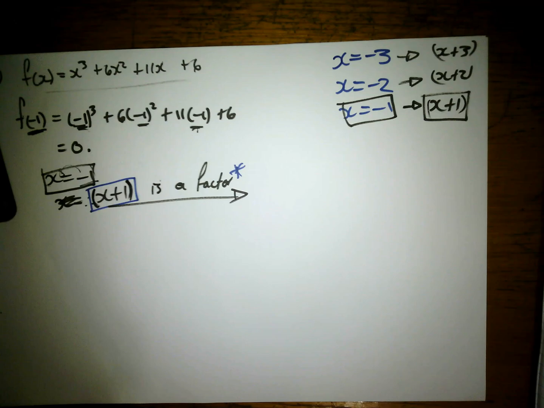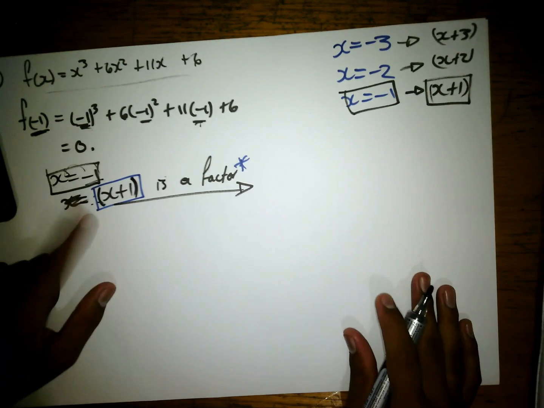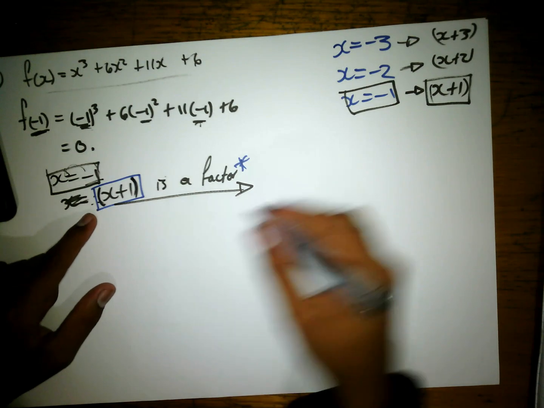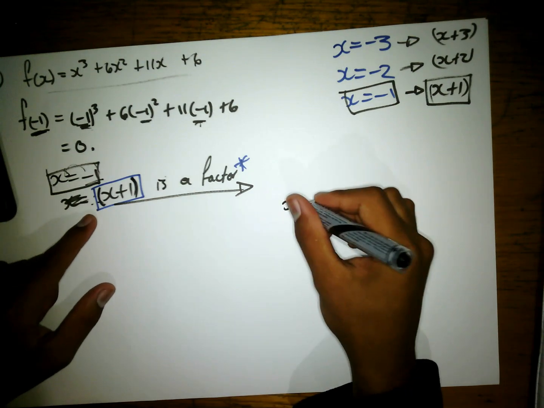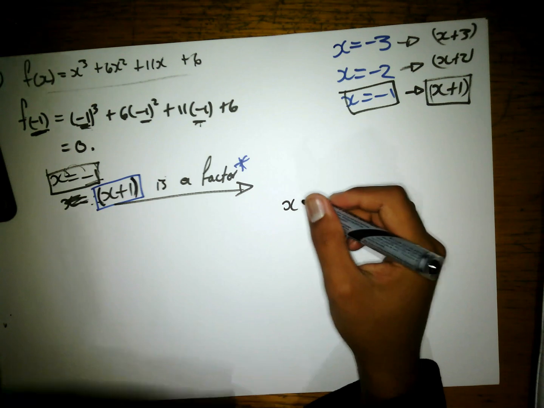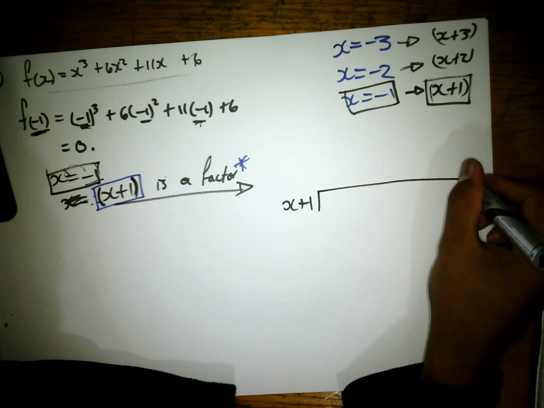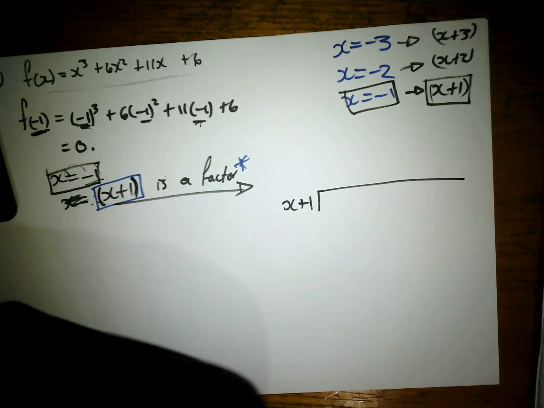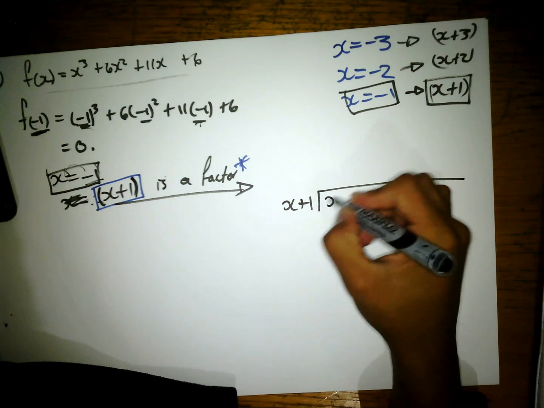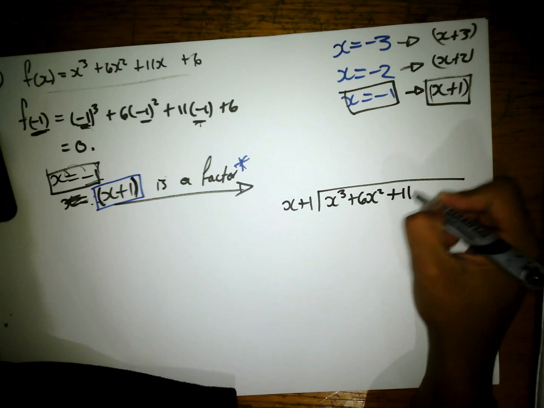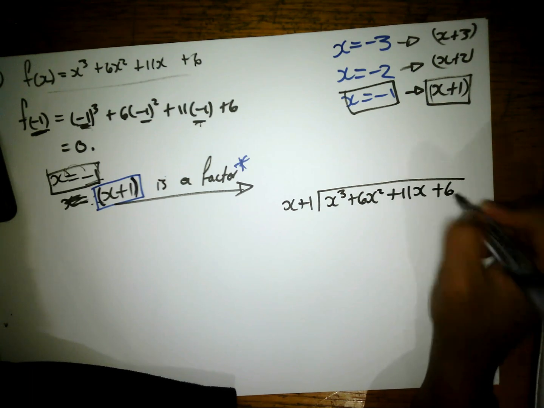So how do we do this using the factor and remainder theorem? We use the factor that we got as our trial and error, our troubleshooting. So we write down our given equation. It is x cubed plus 6x squared plus 11x plus 6.